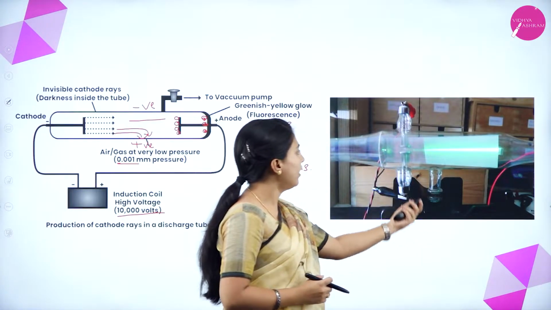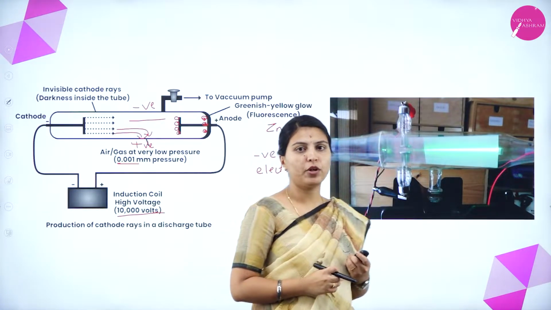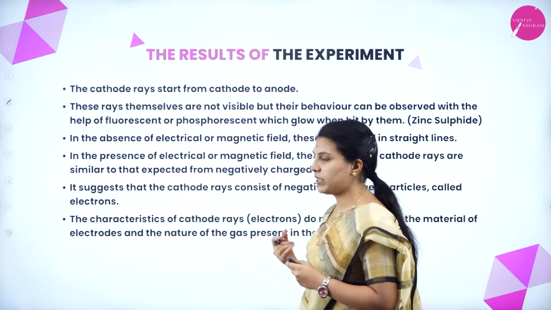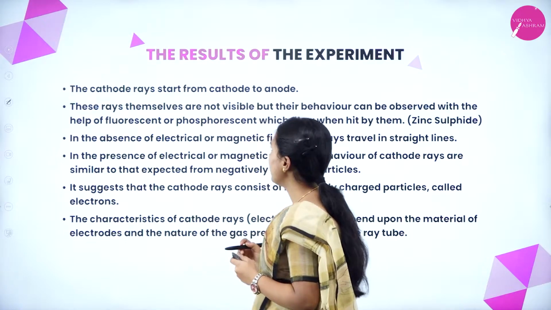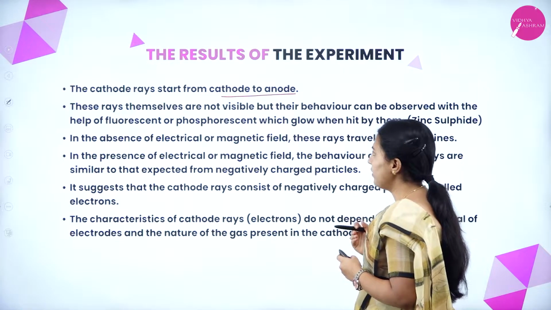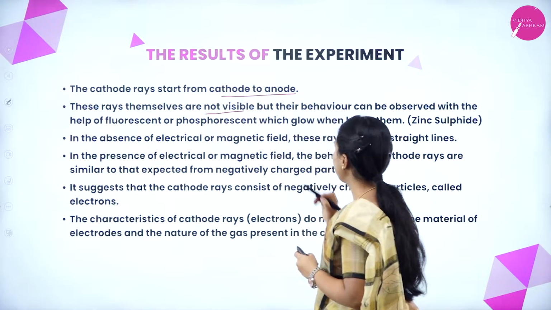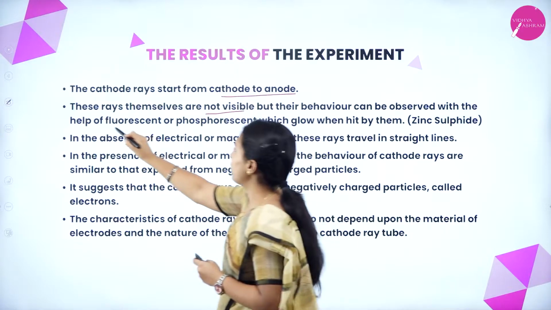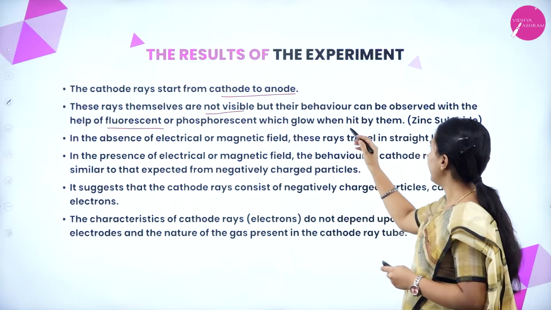This is the original experimental setup of the cathode ray discharge tube. The results of the experiment are: the cathode rays start from cathode to anode. These rays themselves are not visible, but their behavior can be observed with the help of fluorescent material, which glows when hit by them.